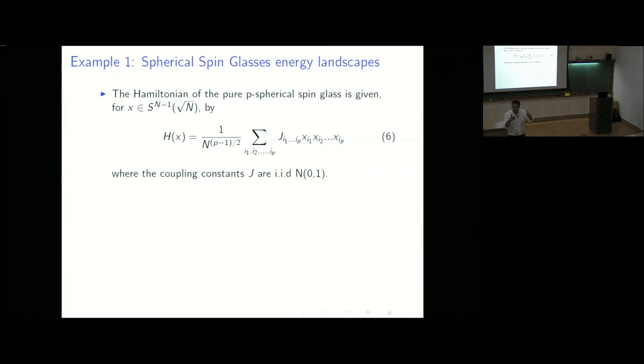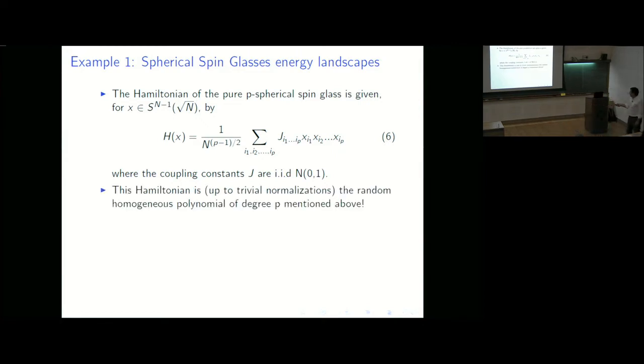Their angle on the sphere will be either orthogonal or a certain positive number. All right. So of course, this model is exactly the question I was mentioning before. This is a random homogeneous polynomial of degree p. So I'm back to this abstract geometric example, which is in fact the first example studied by physics.